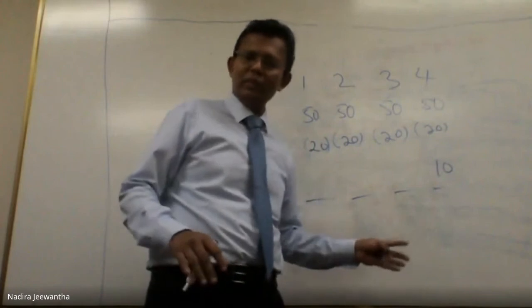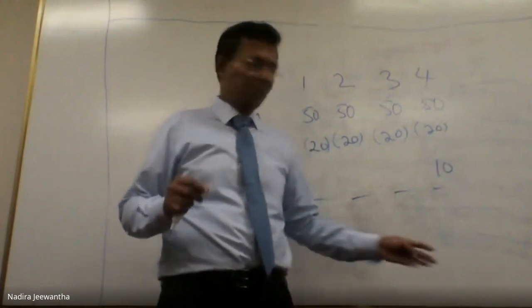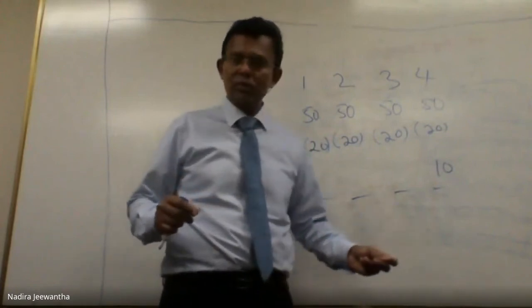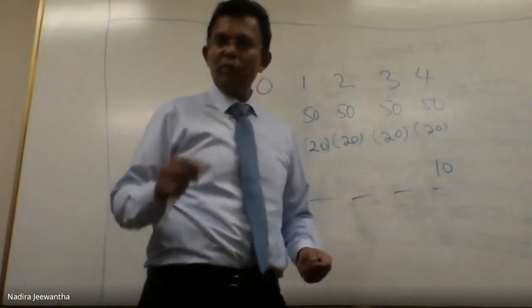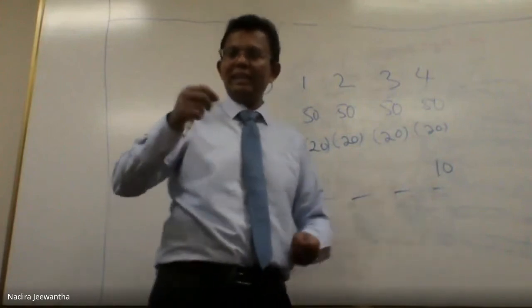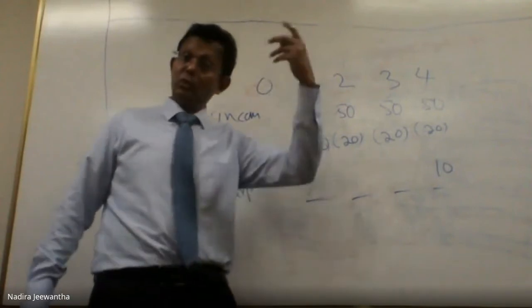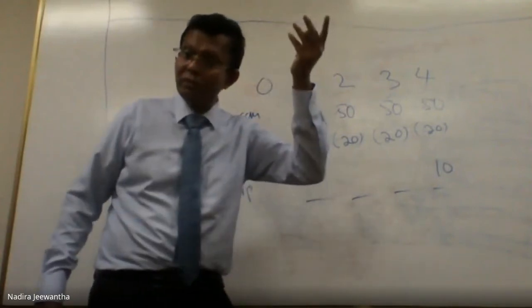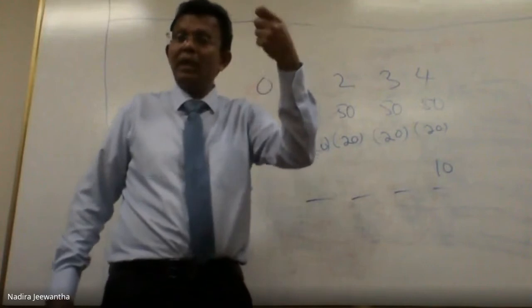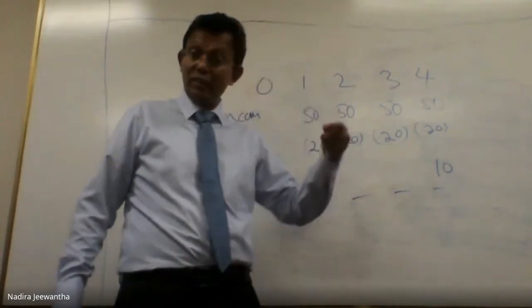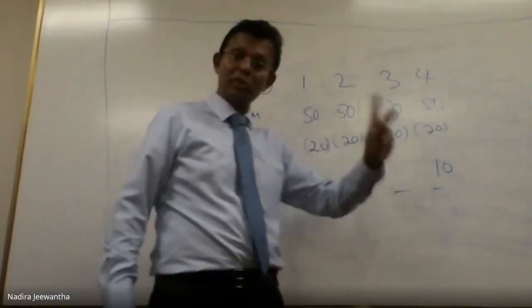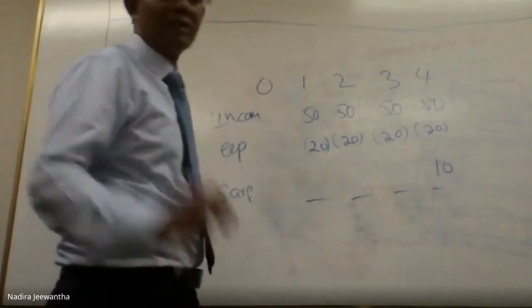Here you only calculate whether this particular machine is worth 1,000. Is it worthwhile for me to pay 1,000 and take this machine? In the bond calculation you're finding out the 1,000, how much I have to pay. That's the difference. Otherwise, everything is similar.